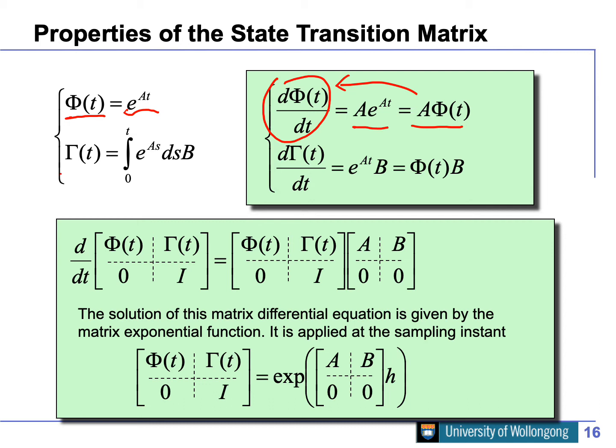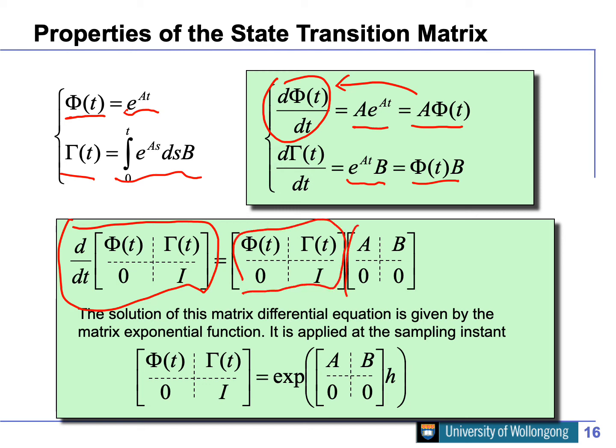And if we look at gamma, because gamma starts with an integration, the derivative of gamma just removes the integration. You get e^(At) multiplied with B, and this e^(At) is phi, so it's phi B. So the derivative of the state transition matrices phi and gamma is equal to itself multiplied with the continuous time A and B model. So it becomes very beautiful mathematically. Looks very pleasing.